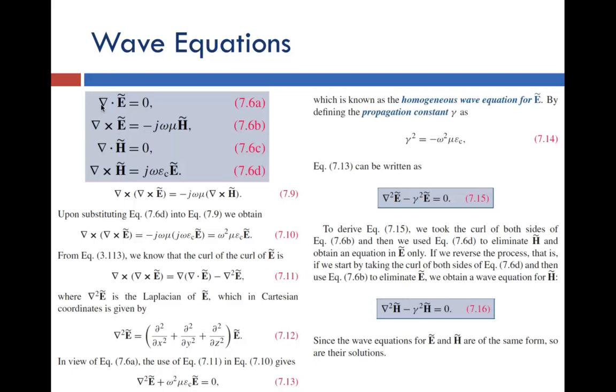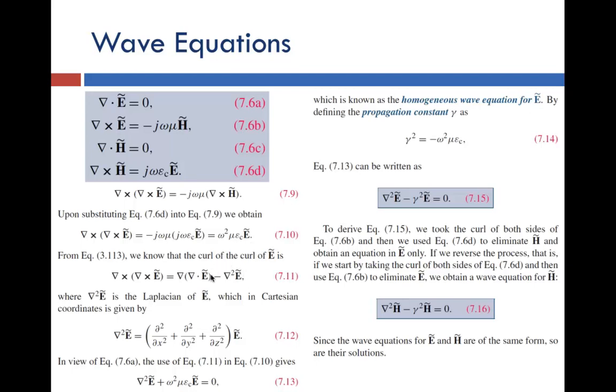Now, given the fact that the divergence of E is 0, we can make this term equal to 0. And so what we're left with, if we look at this equation, is this gradient of the divergence equal to 0 on the left-hand side, and omega squared mu epsilon C E on the right-hand side.